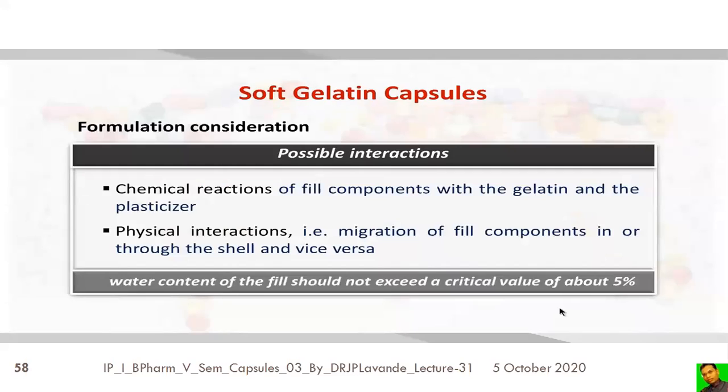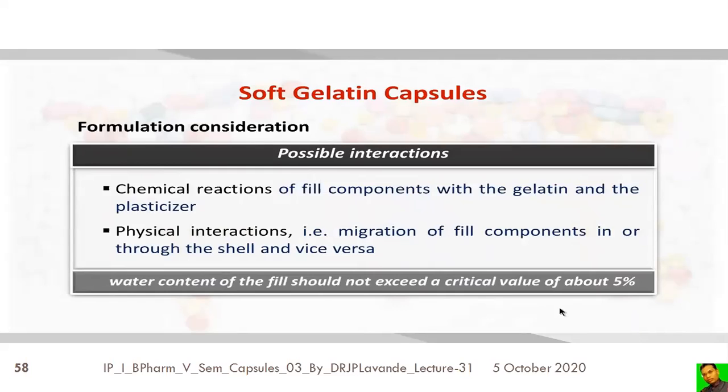Now there are certain considerations which we have to understand. These are the formulation considerations, and they are responsible for producing possible interactions. The interactions might be chemical or physical. Chemical reactions of the fill components with the gelatin and the plasticizer may occur.